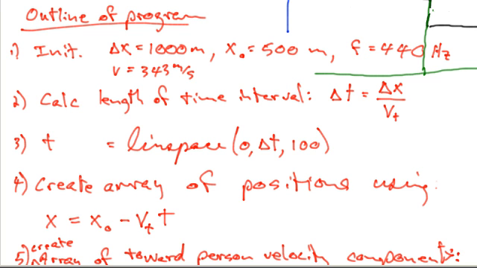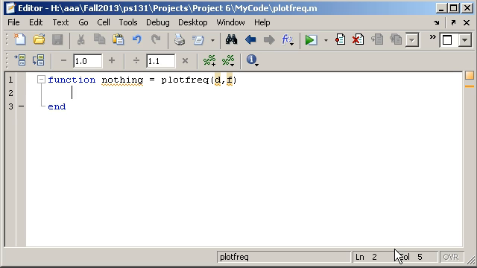I might call that the speed of sound in air, v sound. So delta x, I think I'll just call it dx, equals, what was it, the velocity? Oh no, equals 1,000 meters.